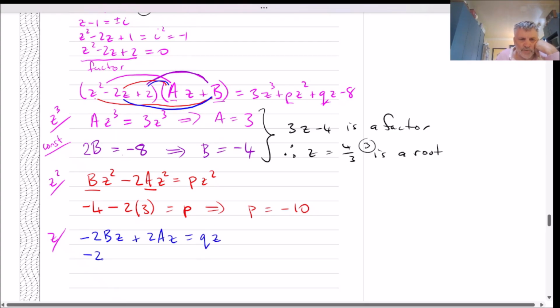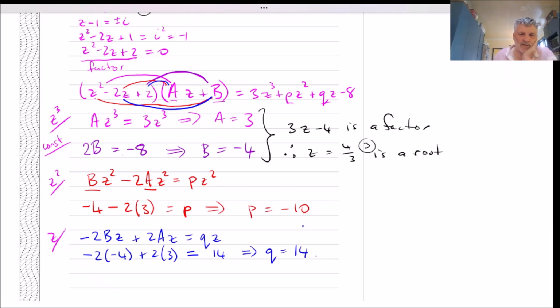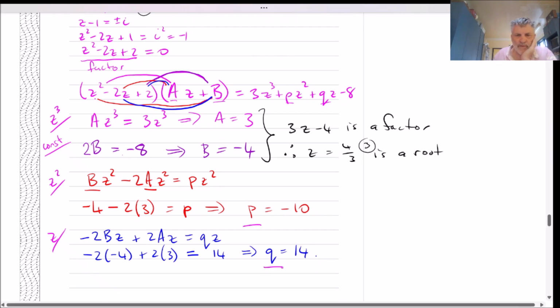So therefore minus 2 times minus 4 plus 2 times 3 equals plus 8 plus 6 equals 14. So therefore q equals 14. And we found p and q. And we found the three roots.